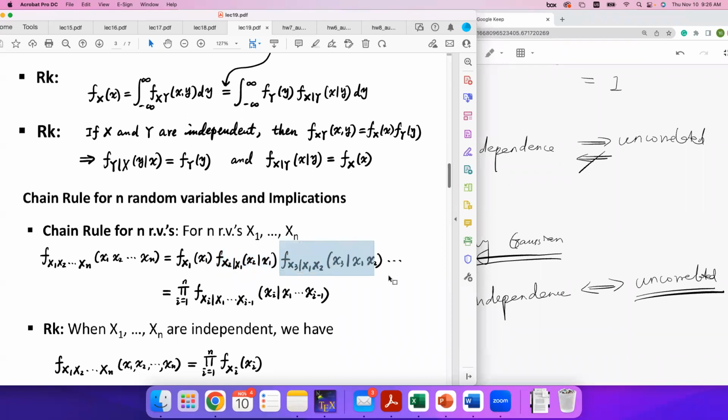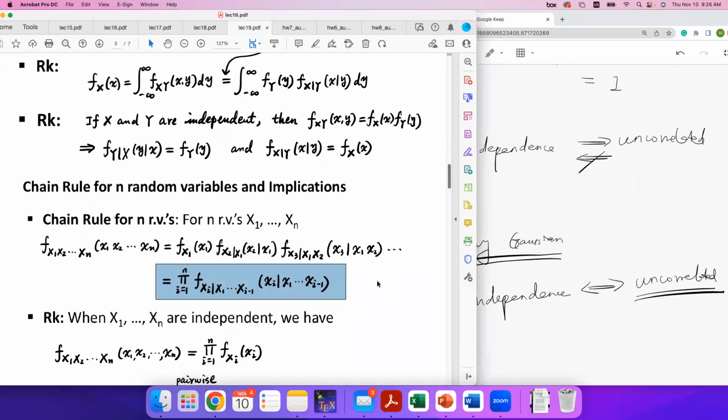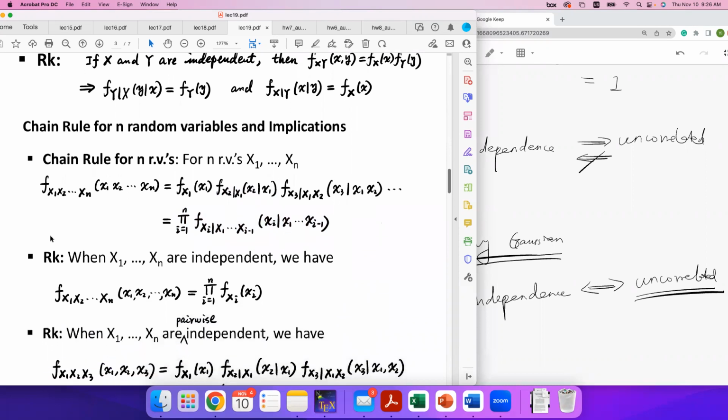And also multiply by f_{X3}, but now we need to condition on the previous two random variables. And we keep doing this until we reach Xn. So this is a general formula. And when everything is independent of each other, this entire joint PDF can be factorized into the product of all the marginal PDFs.